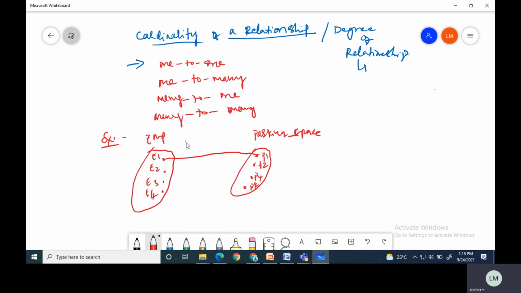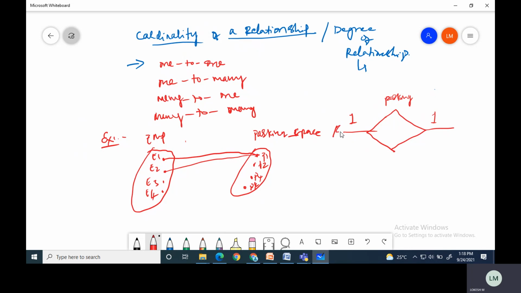If suppose many employees use the same parking space, this is called many to 1. And even if you want to write it in ER diagrams, the cardinality ratio will be mentioned like this: 1:1. The relationship name you can call parking.